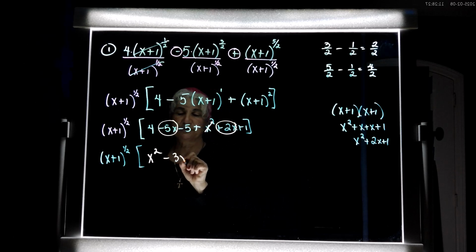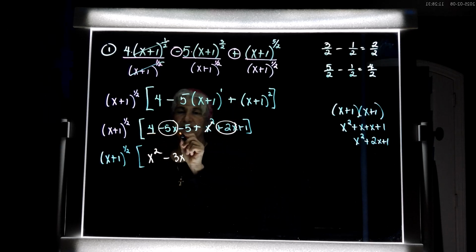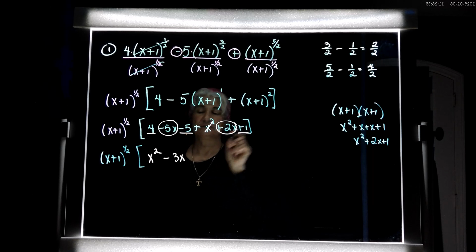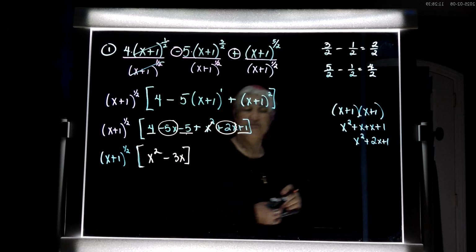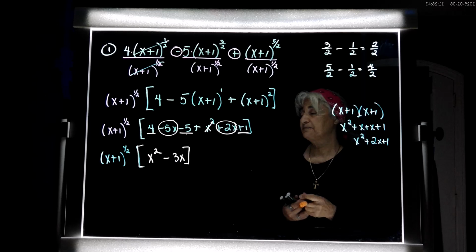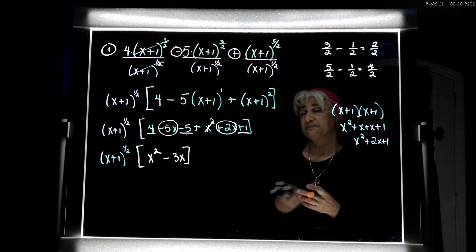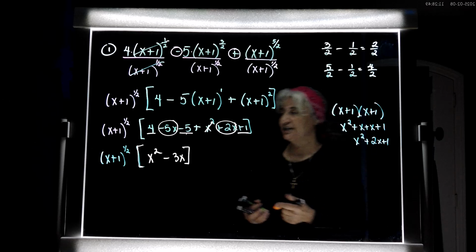That would give me a minus 3x, agreed? And then I have 4 minus 5, which is negative 1, plus 1, which is 0. All right. So what I have left in the brackets is x squared minus 3x. It's a second degree polynomial. Does it factor? It sure does.